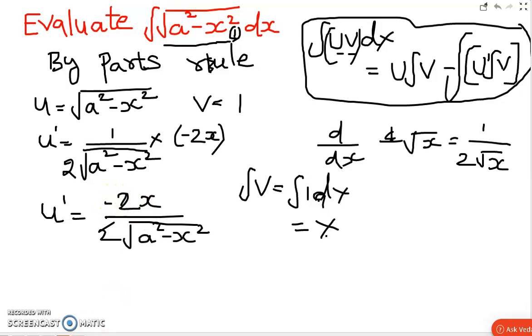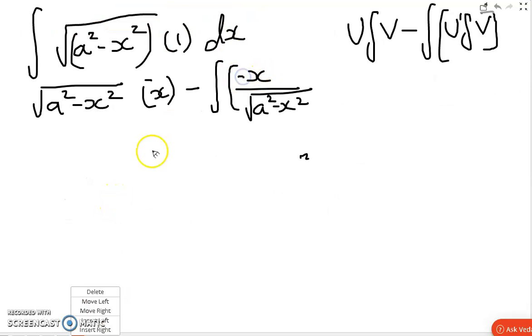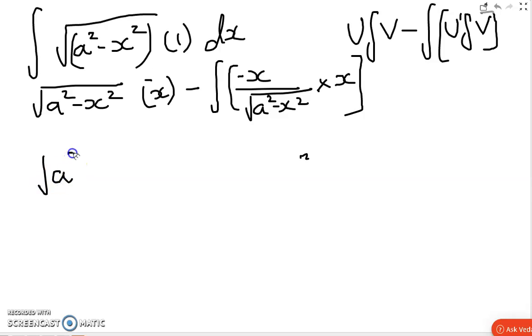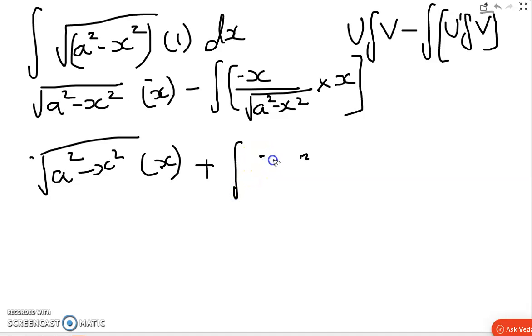Yeah, minus x. In the same way, the integration v value is x. Now minus into minus will be plus, x into x is x square by under root a square minus x square.